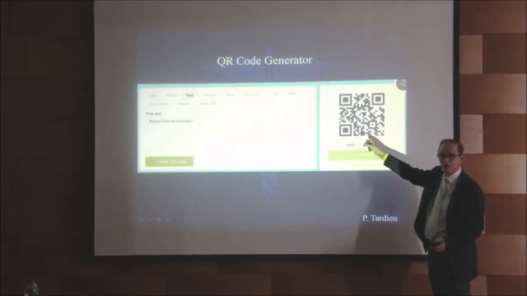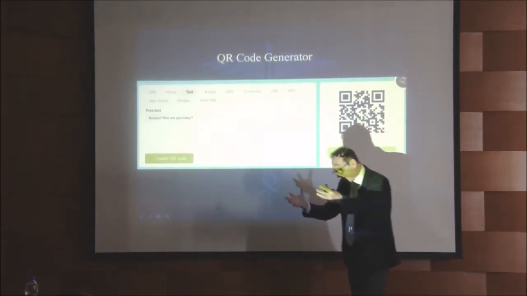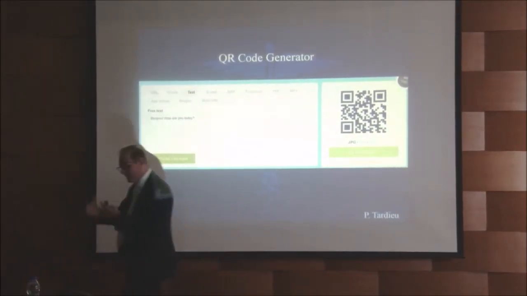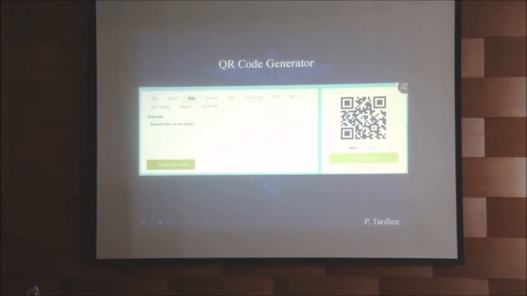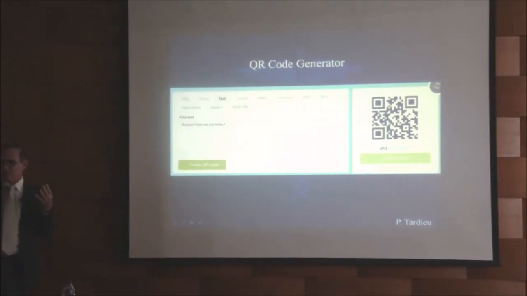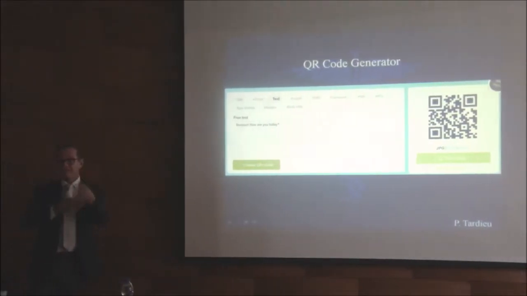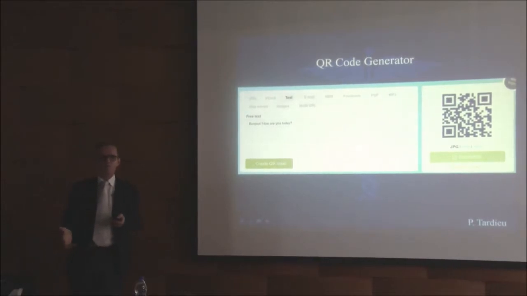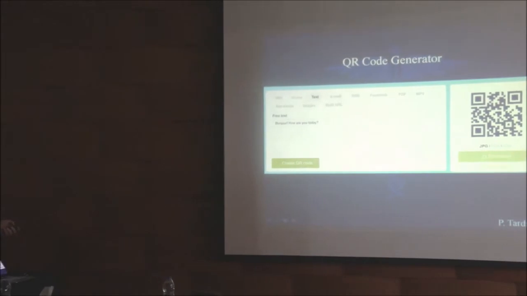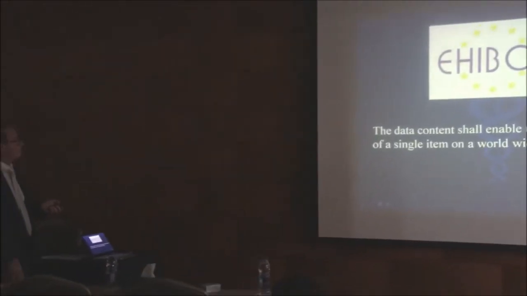So I have implemented inside the program a way to change what is written into a QR code. Based on this, we are able to identify things without looking at the text, just by scanning the QR code. And this is a big saving of time and energy.